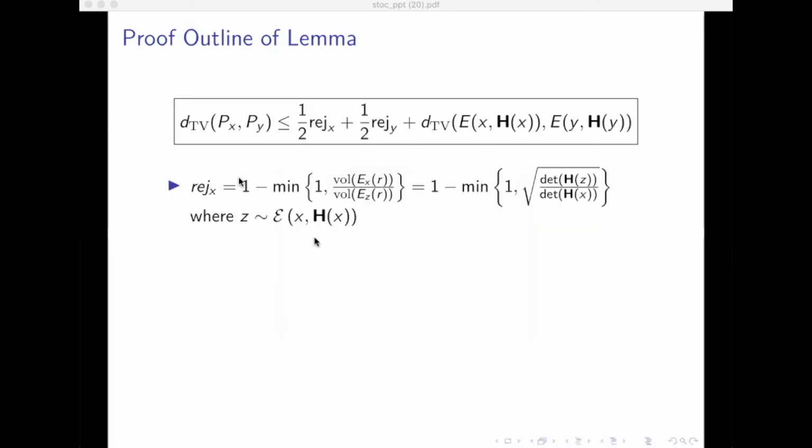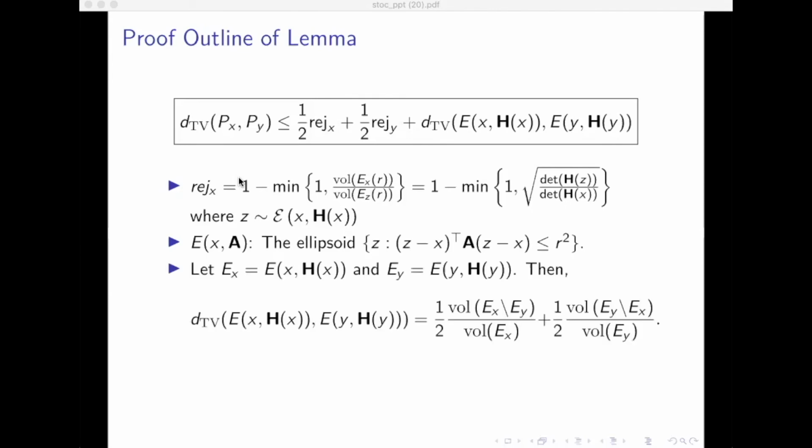More formally, reject x is the rejection probability at x, that is, it is equal to 1 minus the minimum of 1 and the ratio of the volume of ex and the volume of ez, where z is sampled uniformly from the Dikin ellipsoid at x. And exa, we will use this to refer to the ellipsoid centered at x with matrix A and also to the uniform distribution on this ellipsoid.